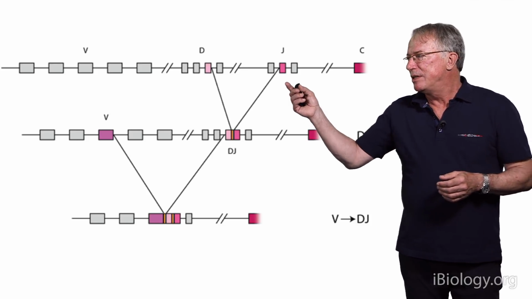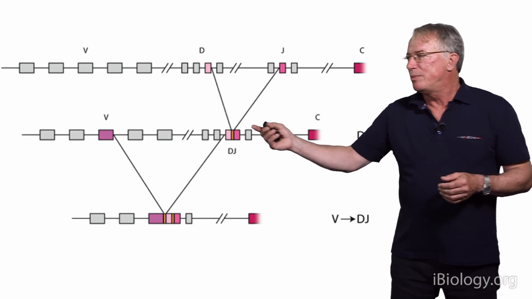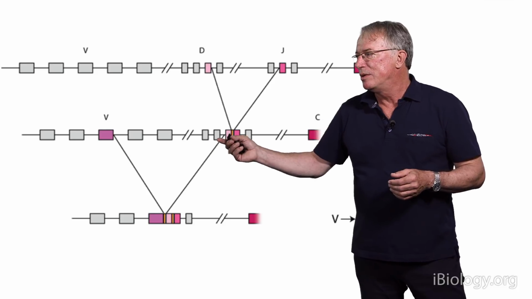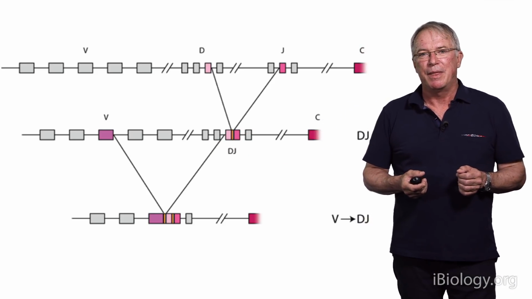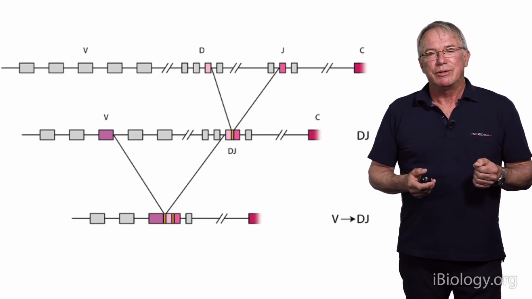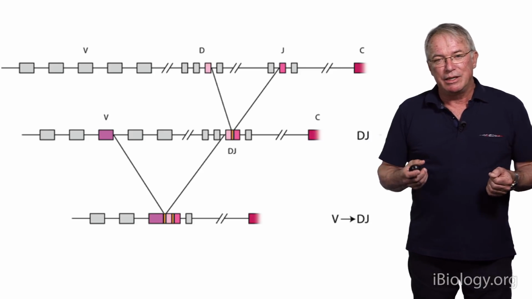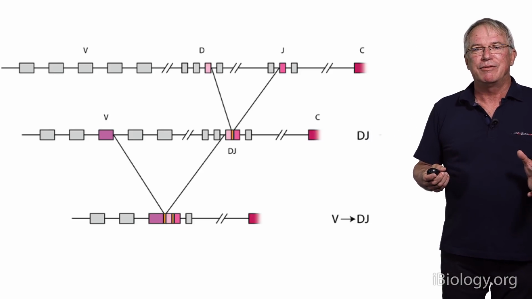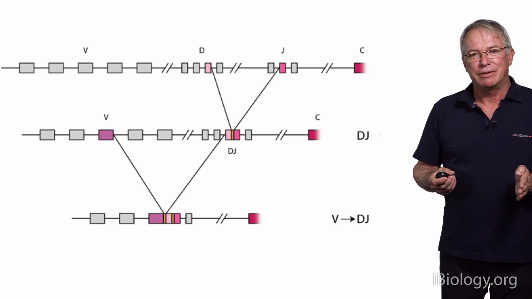Not only do we see this junctional imprecision when D's and J's rearrange, it also applies when V's are brought in to hook up with the newly generated DJ combination. And if that weren't enough, there is an enzyme called terminal deoxynucleotidyl transferase, or TdT. And this enzyme, in template-independent fashion, adds random nucleotides whenever D's and J's or V's and D's are joined together.